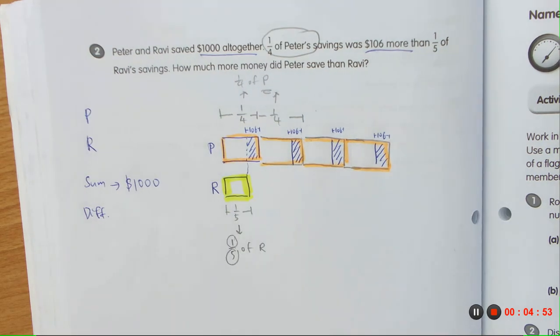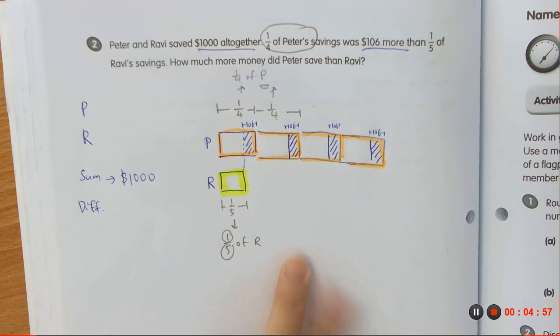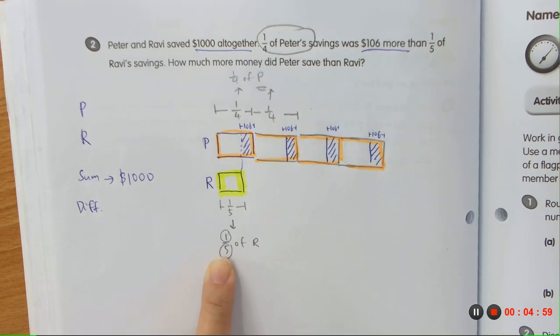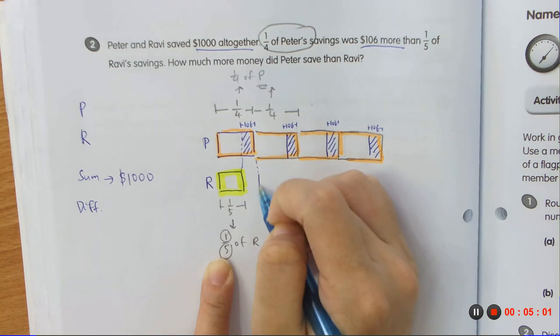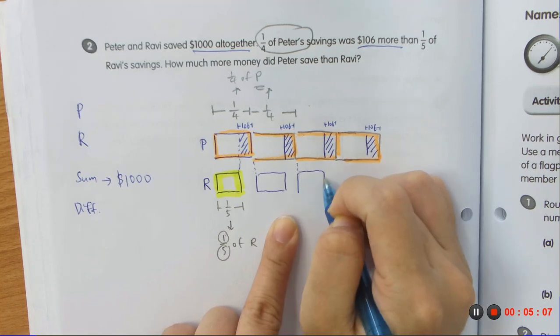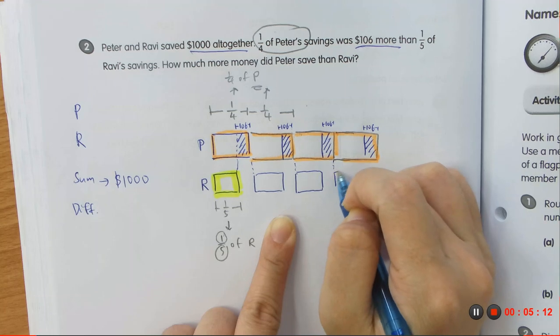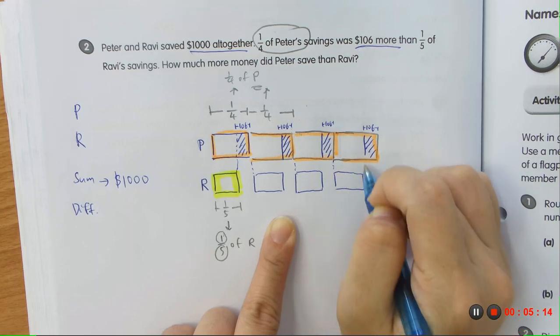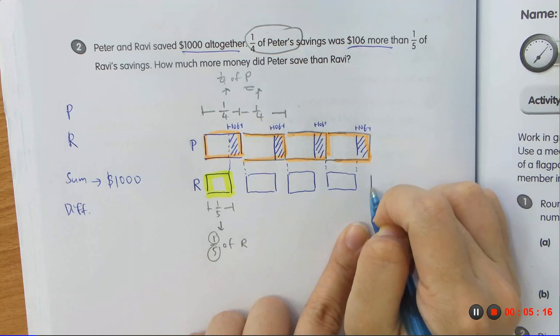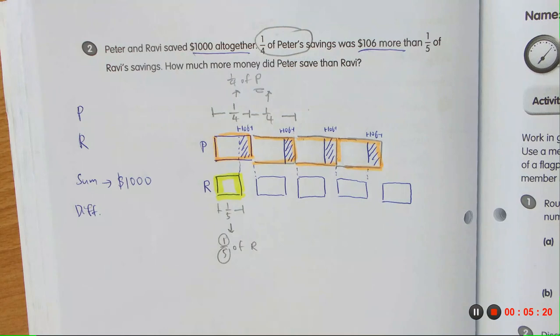So it should be altogether 5 of such units, which is like here, here, here, and then one more. I purposely have some gaps there.